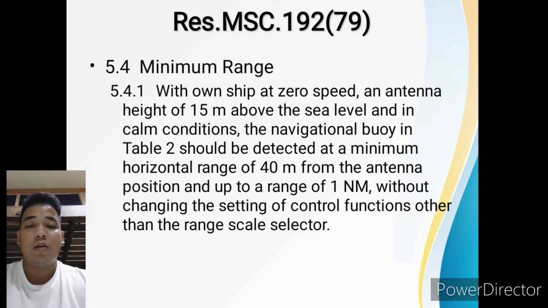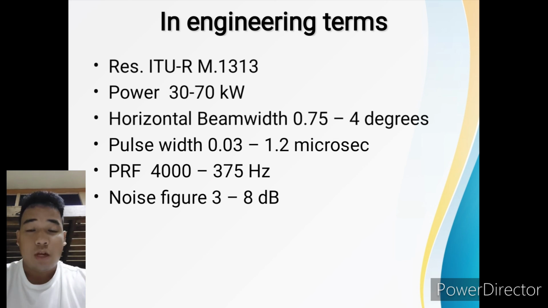So in engineering terms, the radar is ITU-R M.1313, power 30 to 70 kilowatts. Horizontal beam width 0.75 to 4 degrees. Pulse width 0.001 to 1.2 microseconds.